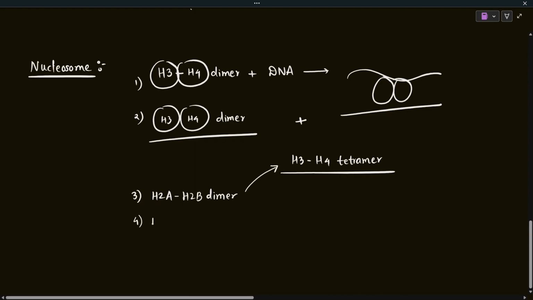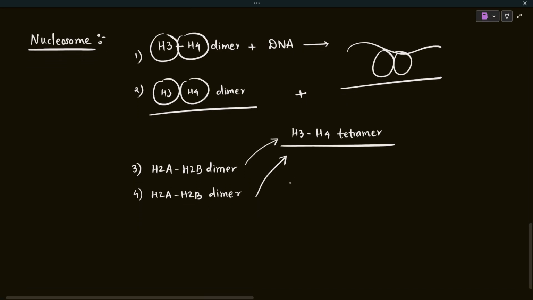Again, another H2A, H2B dimer comes and interacts with this, what do we call this? This is not called hexamer. I don't remember, I'll put the name in the description box below.